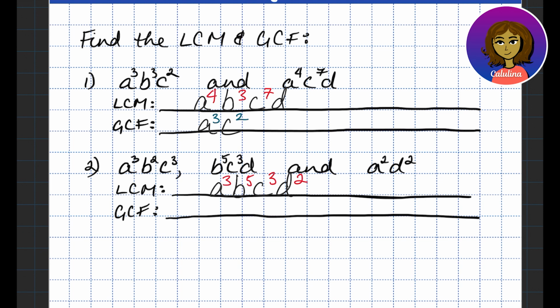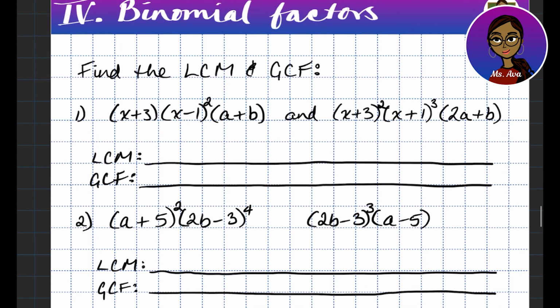Well, then there aren't any. Yes. Each one of these is missing at least one thing, right? So there's nothing that's in all of them. So when you have that sort of situation, this is another one of those where you just say that the GCF is 1. Oh, okay.